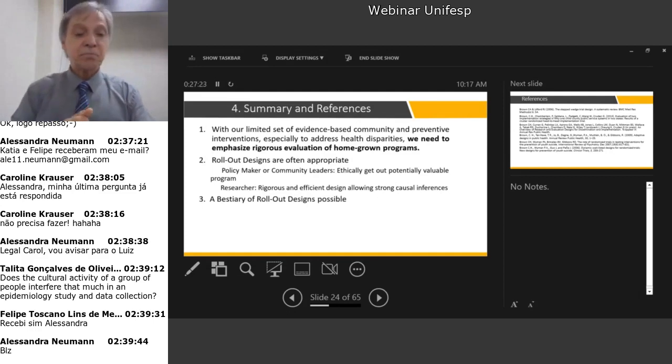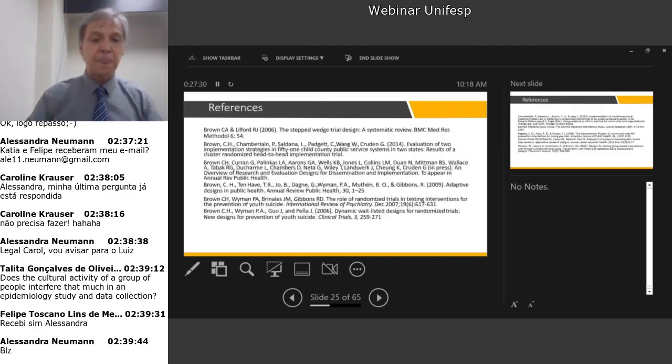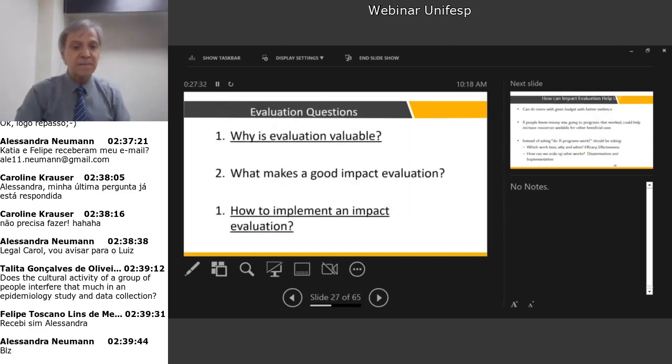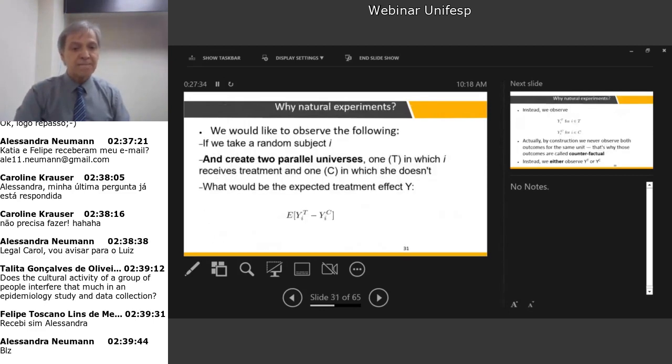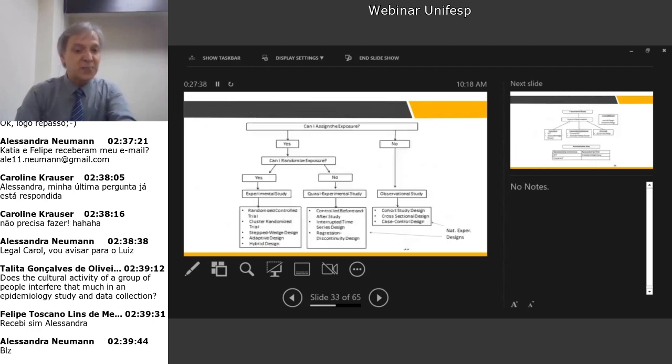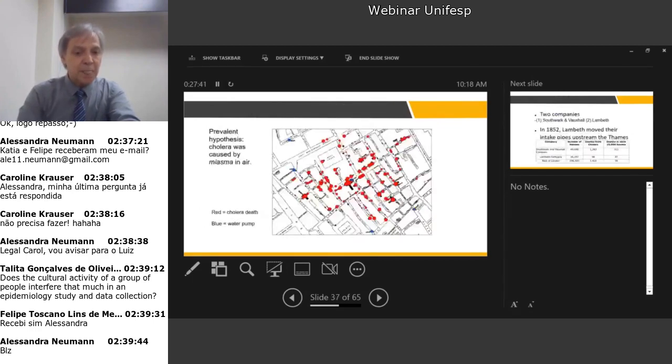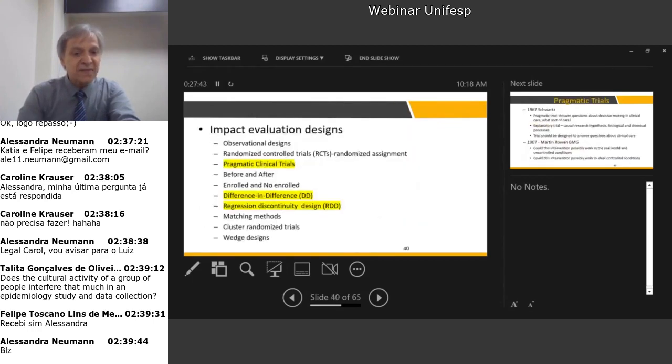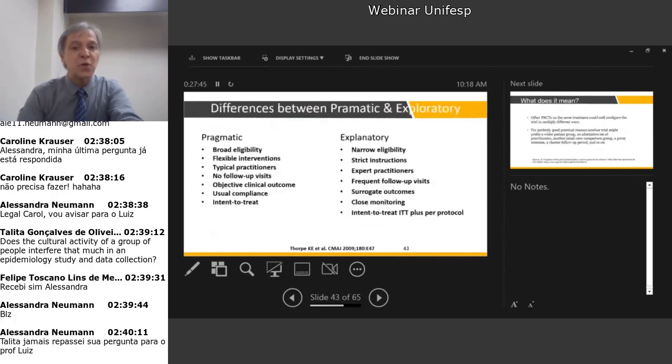So rollout designs are appropriate for policymakers and community leaders. So it's community trials. Here's some of the papers. There's a little bit about experiments. I want you to read about natural experiments. But I think it will resonate more if I show an example.